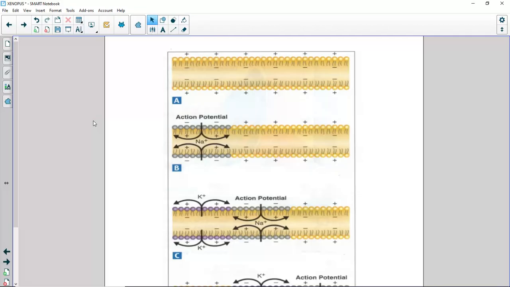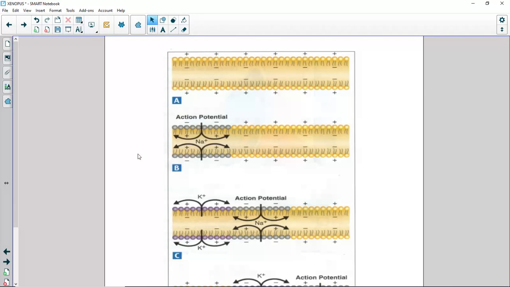All right, so an action potential begins with a stimulus. In response to some sort of signal initiated at a dendrite, sodium channels open within the membrane of the axon. As sodium ions are more concentrated outside the neuron, the opening of the sodium channels causes an influx, that's in, of sodium into the neuron as depicted right here.